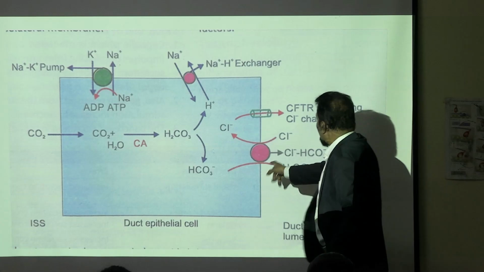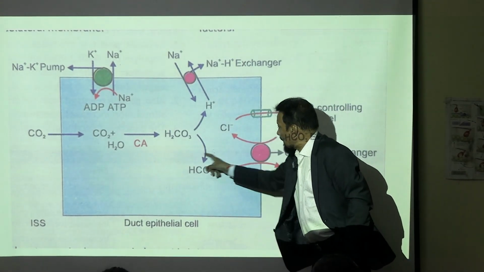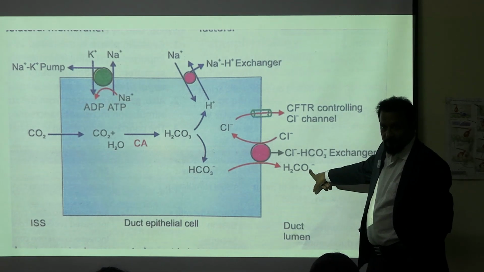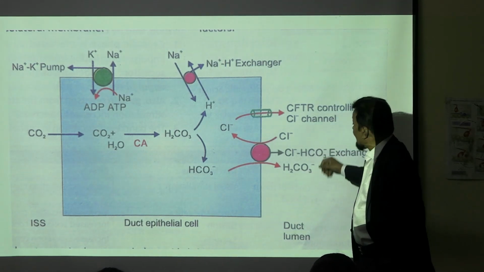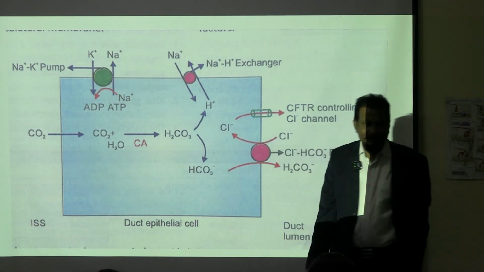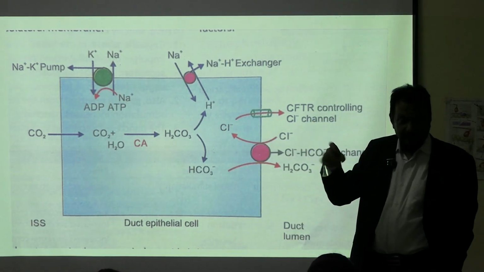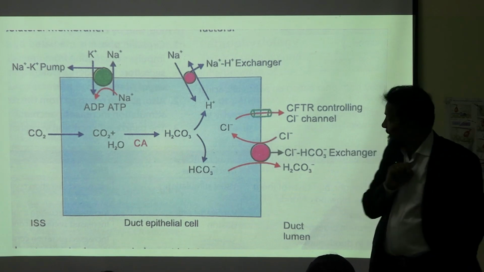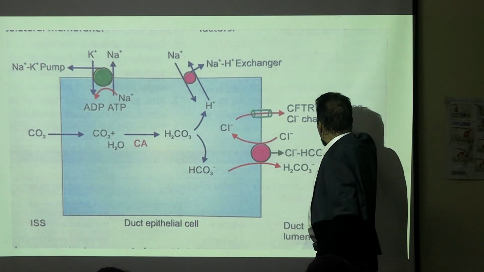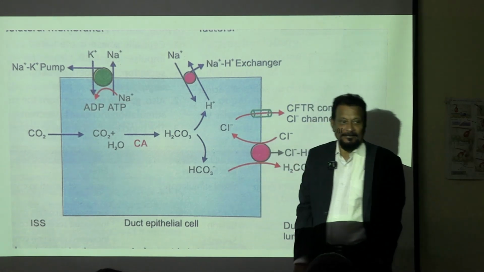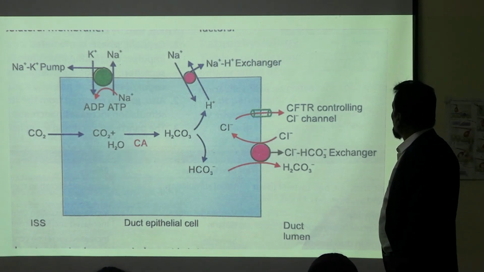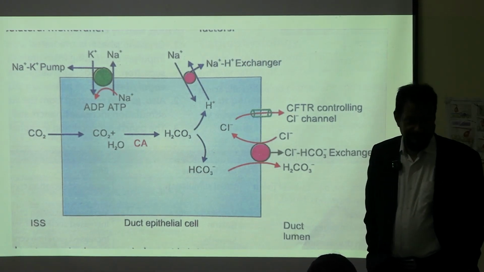With its help, the bicarbonate produced here is eliminated into the lumen, and in exchange chloride ion enters from the lumen into the duct cells. Again this chloride ion comes back out to the duct with the help of the CFTR chloride channel.